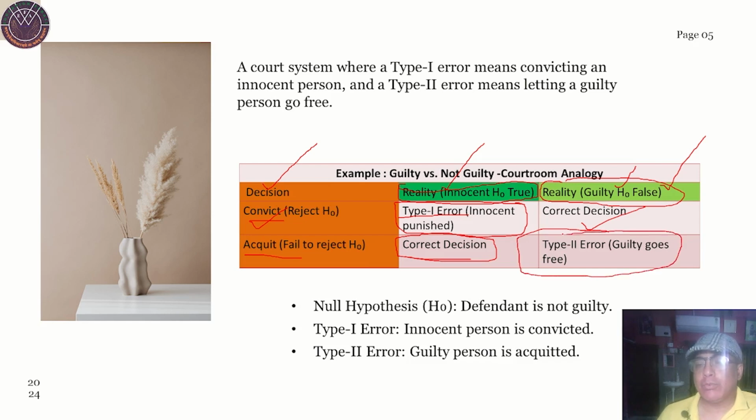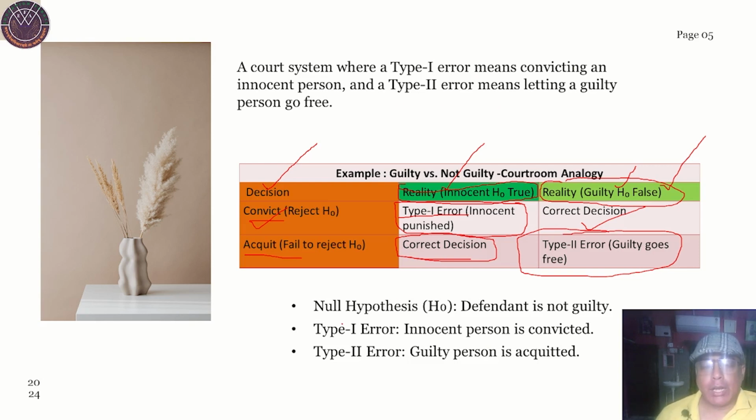So in this way you can understand that if in reality a person is innocent and the court says that he is guilty, then it is a type 1 error, and if in reality that person is guilty and the court leaves him free, then it is a type 2 error. So this is the classical example to understand type 1 error and type 2 error.